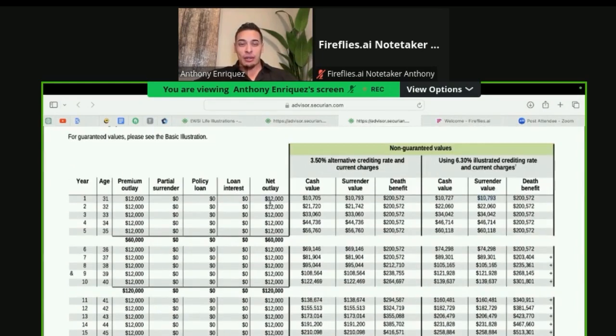So our net outlay of actually the money being saved in the policy would be the same exact dollar amount that you're comfortable with. In this case, I would be comfortable with saving $1,000 a month or $12,000 for the year. Just off the top of my head, something like $50,000 will be the premium.